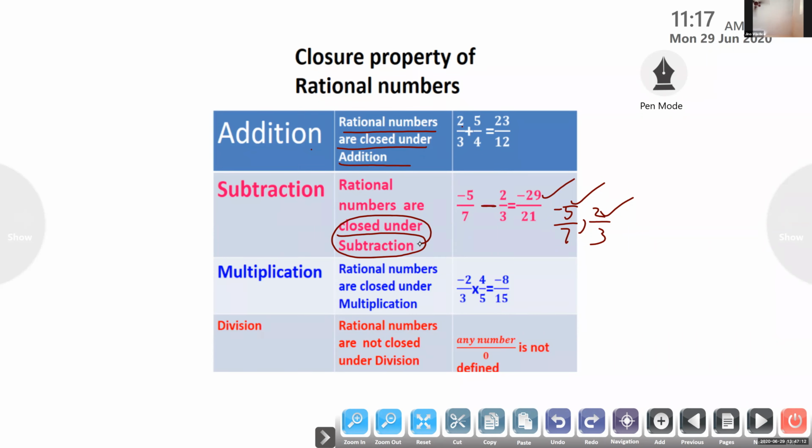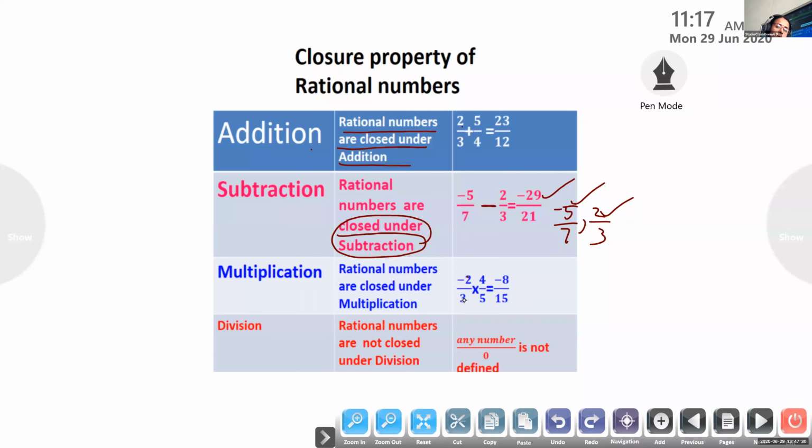Okay. Now we will check multiplication. Negative 2 by 3 into 4 by 5. Negative 2 by 3 and 4 by 5 are rational numbers. On multiplying those two rational numbers, we get another rational number, negative 8 by 15.